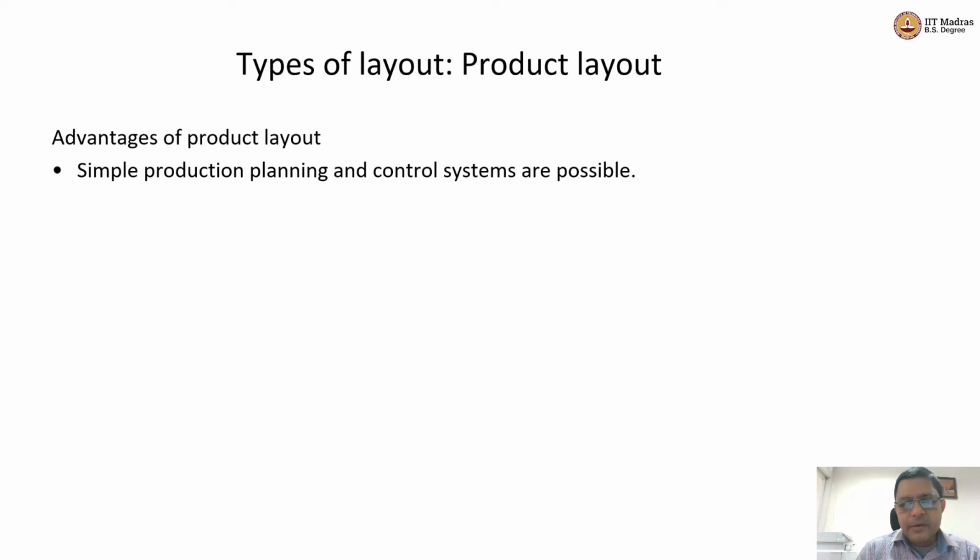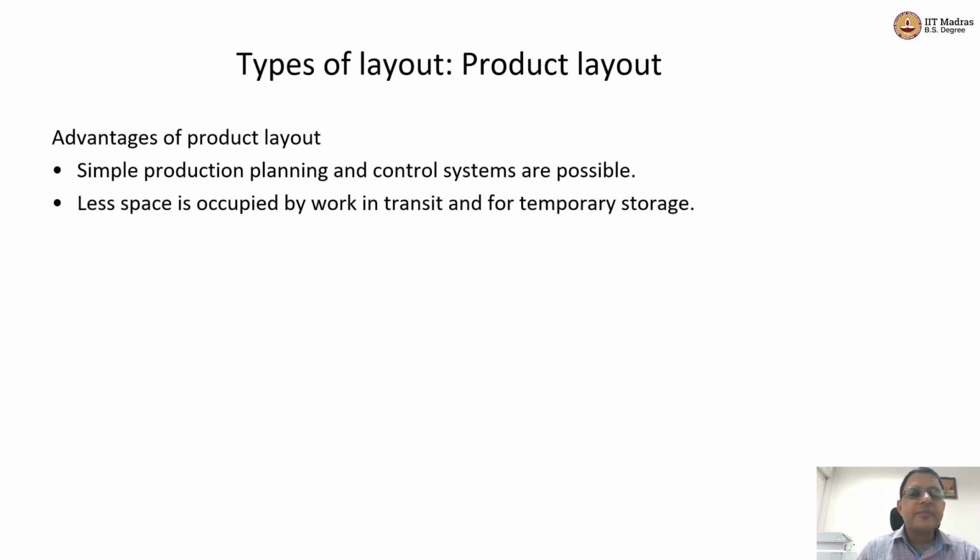And lastly, the space required for work in transit, temporary storage, is much lesser. Because there is no transit. Directly the output of one machine feeds into the second machine, so the space between the two machines is quite short.